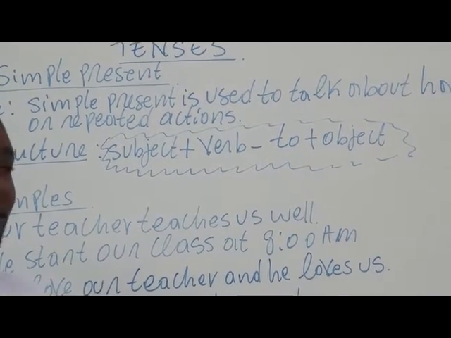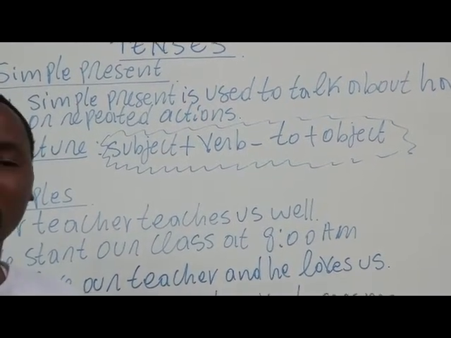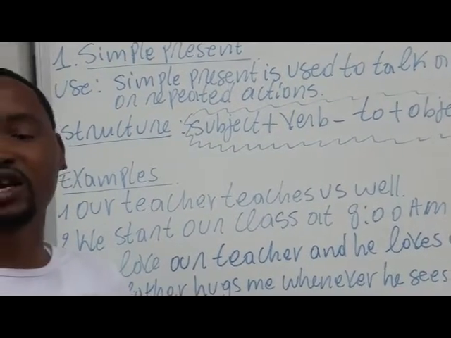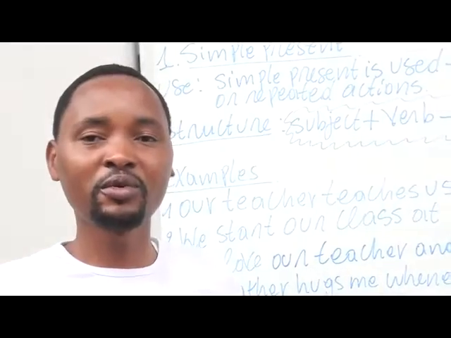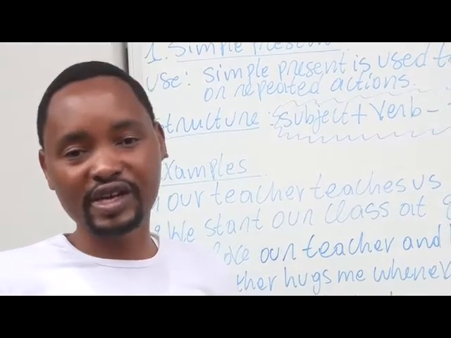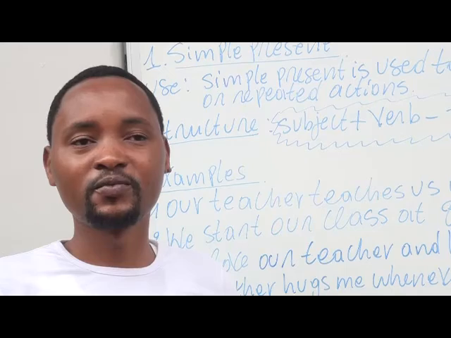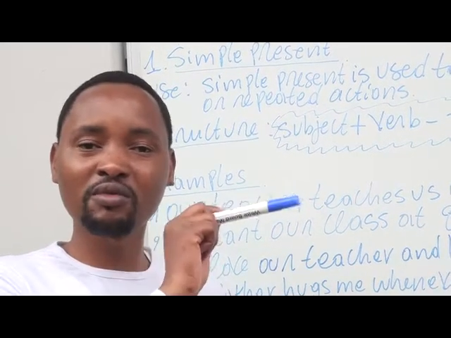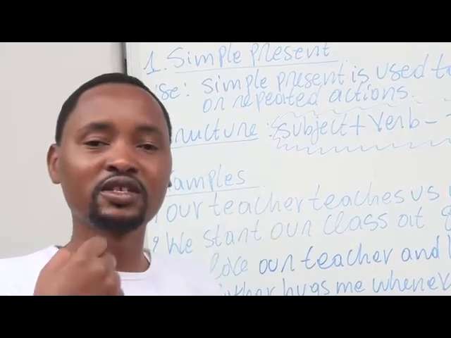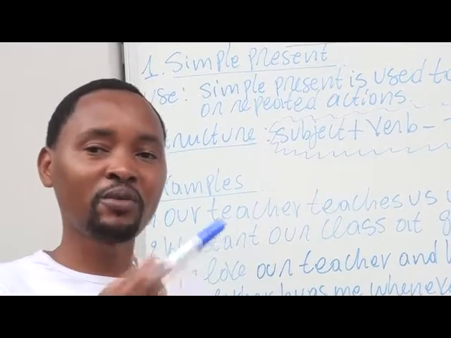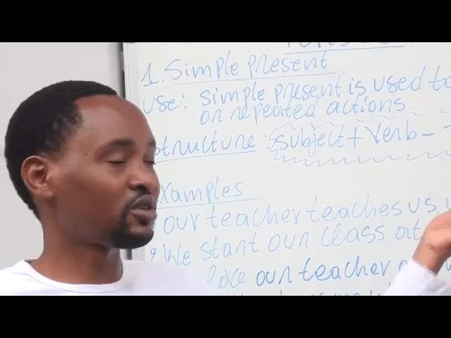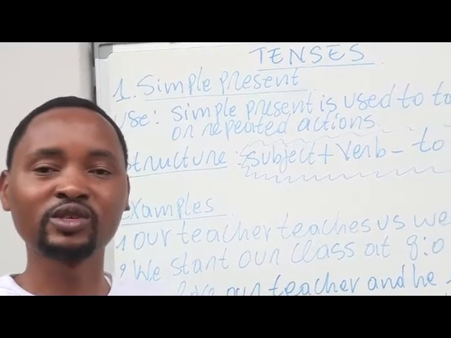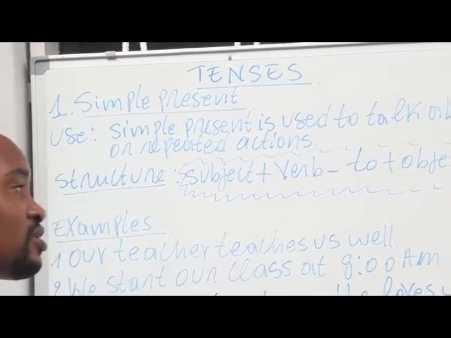Object is a noun, or it can also be something else which comes after a verb to complete it. For example, if I say, "I eat mangoes," those mangoes are the object because they complete the verb to eat. So if you see object, know that's a word which comes after the verb. Sometimes it can change.